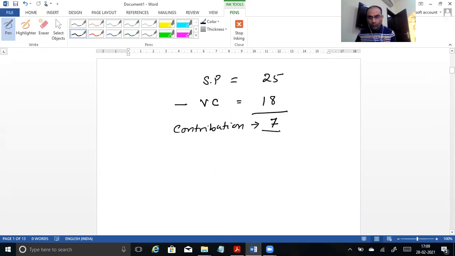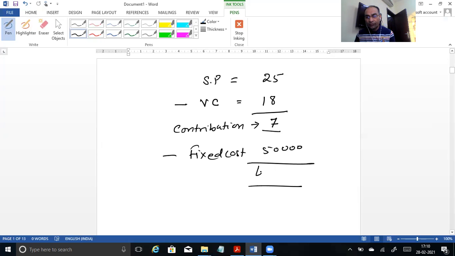Now, if suppose I subtract my fixed cost here, how much is my fixed cost? 50,000. What you will see? This is a very unusual situation, because if the businessman will look at this situation, he will certainly die or he will be admitted in hospital, because here you can see how much is loss. 50,000 minus 7, that much of loss is there, means 49,993.